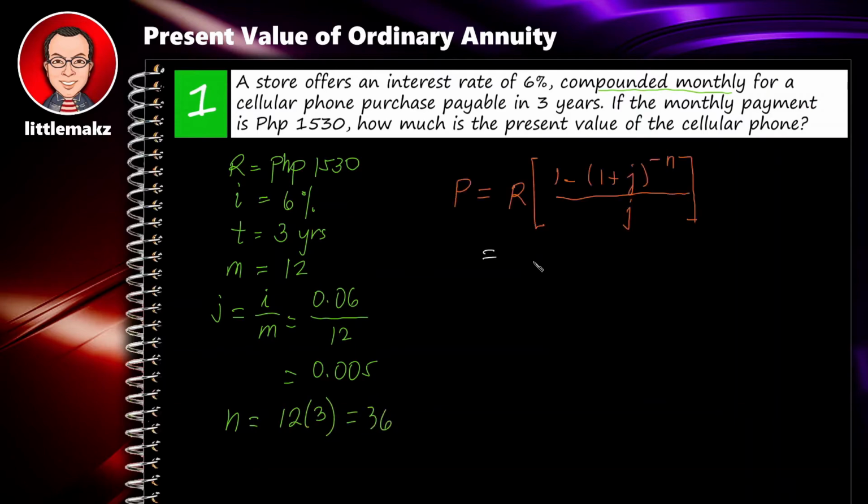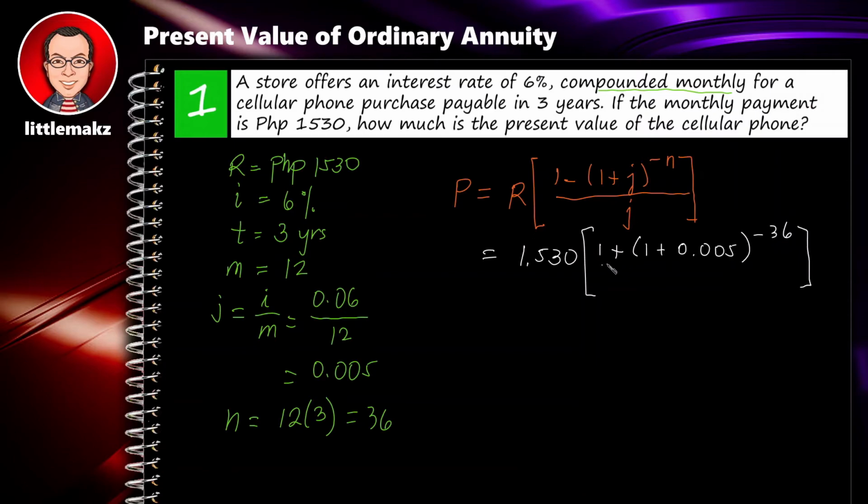So we now substitute the given in our formula, where R is 1,530. And then we multiply it with 1 minus 1 plus J, our J is 0.005, raised to negative 36.